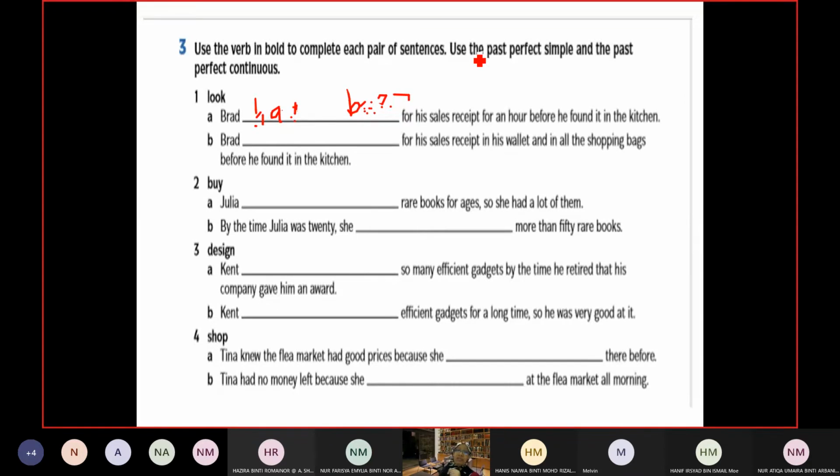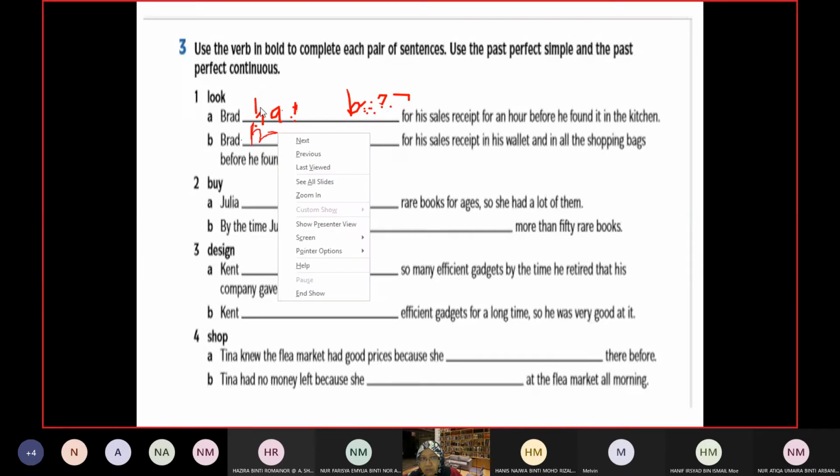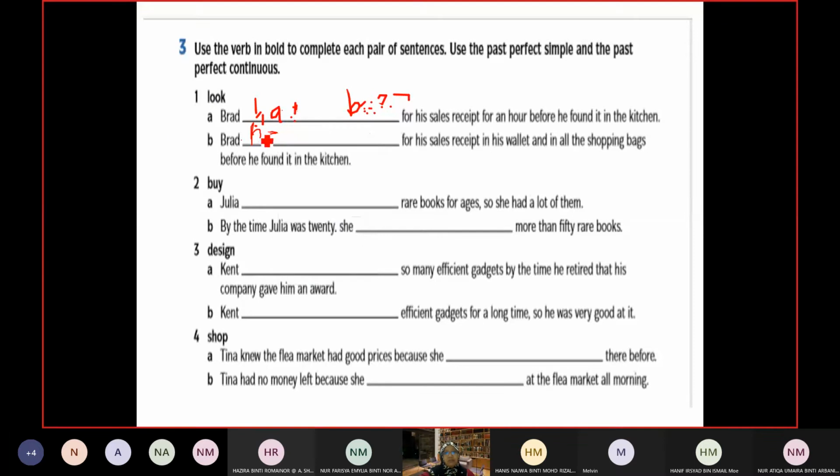Number two. Anyone wanted to try for number two? What is the answer for number two? Hanis Najwa.